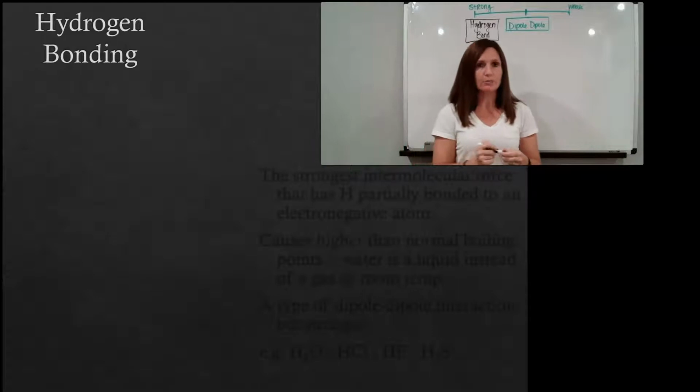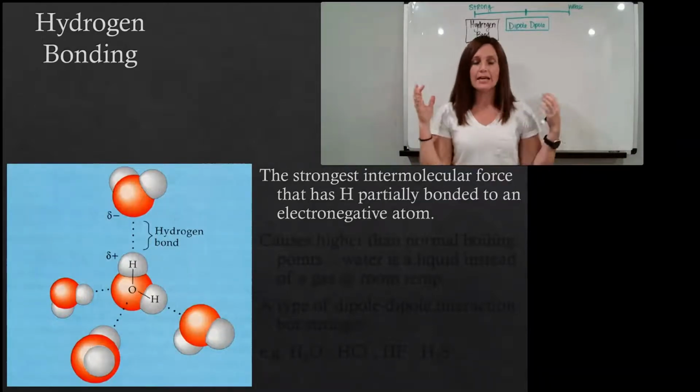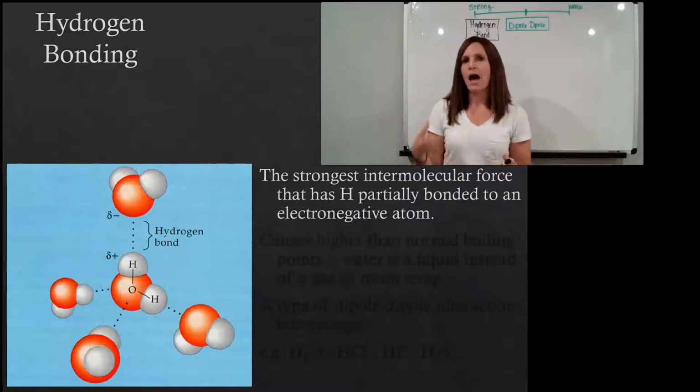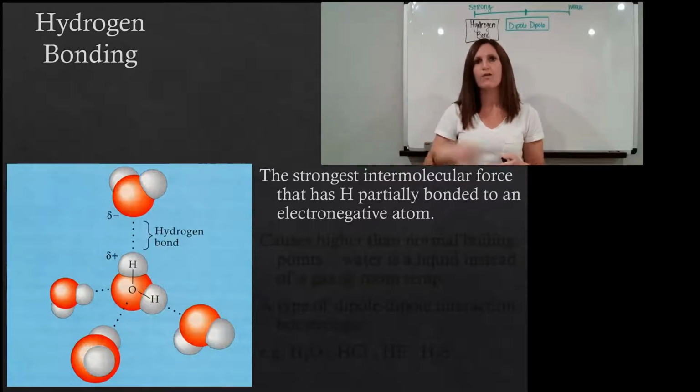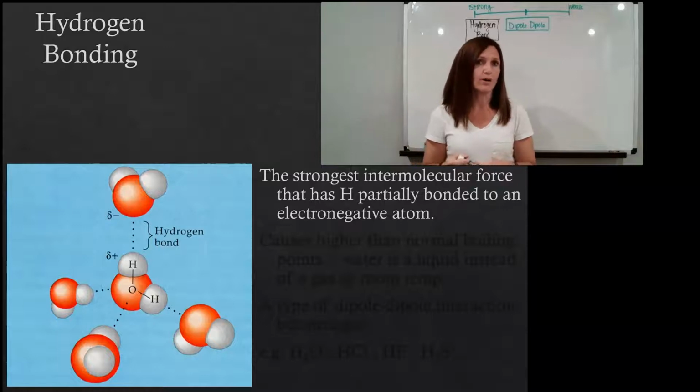In a hydrogen bond, the bond that is exhibiting the dipole is between hydrogen and some other very electronegative atom, like oxygen, forming water. So we're going to look at this example specifically by looking at water and how water behaves.